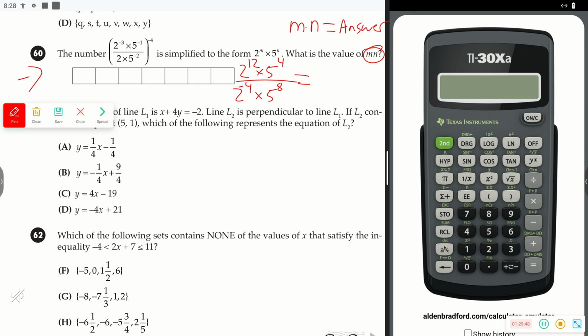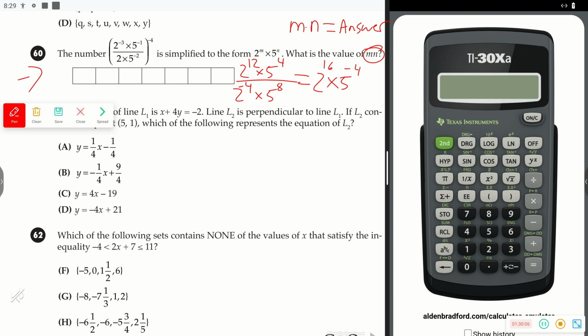And now whenever we're dividing, we're going to subtract the exponent. So 12 minus a minus 4 is going to be 2 to the 16. And then that's times 5 to the 4 minus 8, which is 5 to the negative 4.